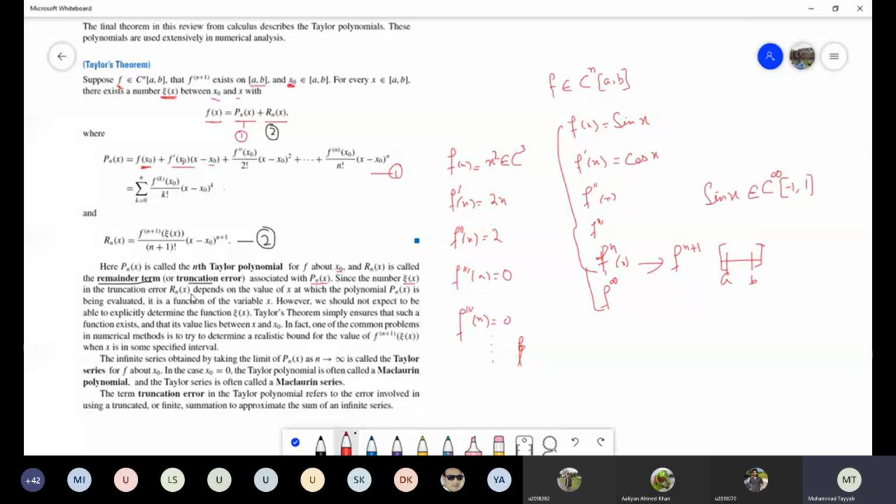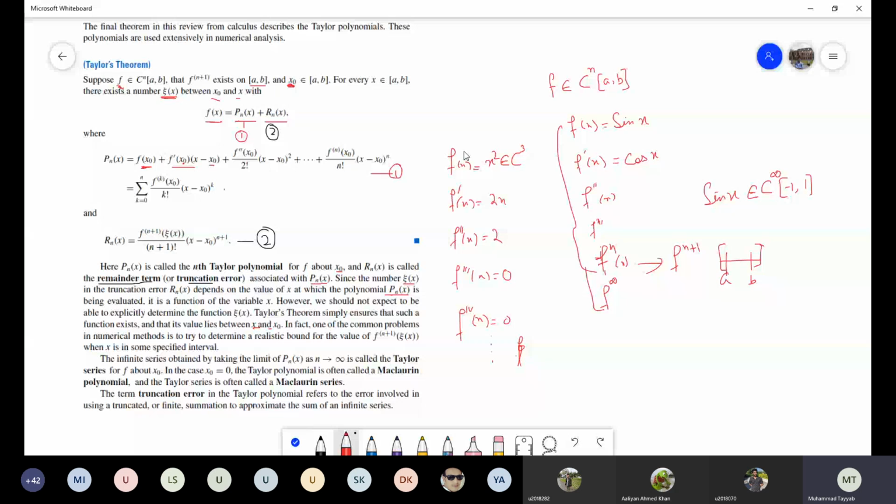But this truncation error will only depend on the polynomial Pn of x which is being evaluated. It is a function of the variable x. However, we should not expect to be able to explicitly determine the function xi of x. Taylor theorem simply ensures that such a function exists and it lies in the interval between x and x naught.